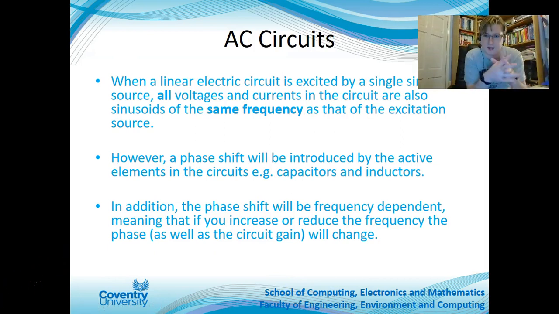So an AC circuit is comprised of a resistor, inductor, and capacitor in various different combinations. They'll be excited by a single source, so all the voltages and currents are also sinusoidal. So they'll have the same frequency.